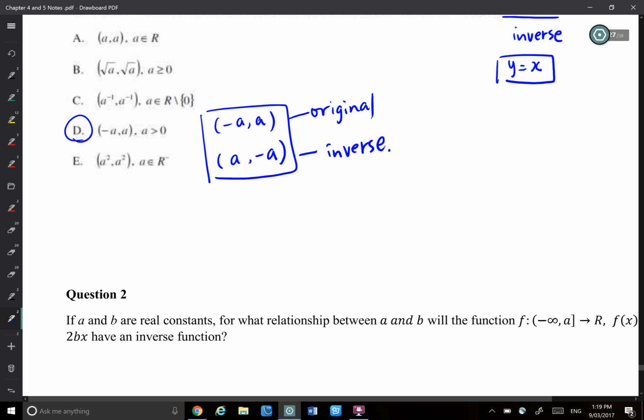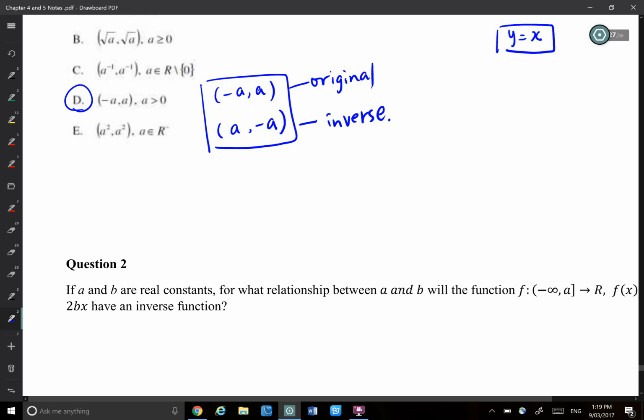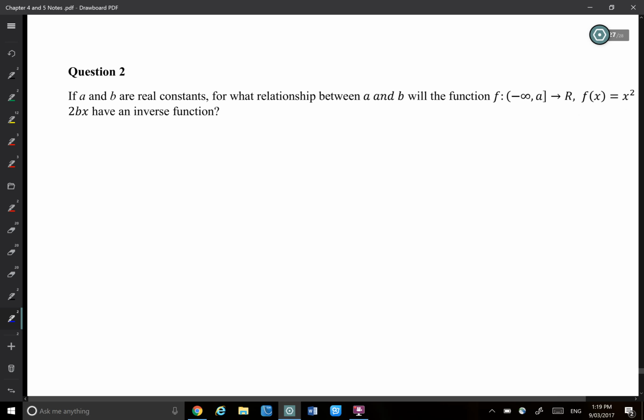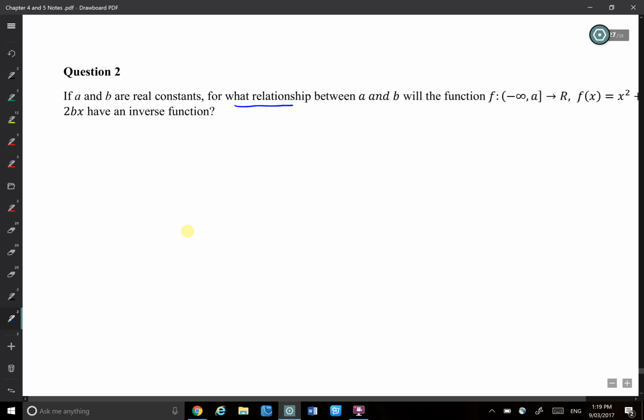Okay, for question 2. If a and b are real constants, for what relationship? It asks you about a relationship, the relationship between a and b.